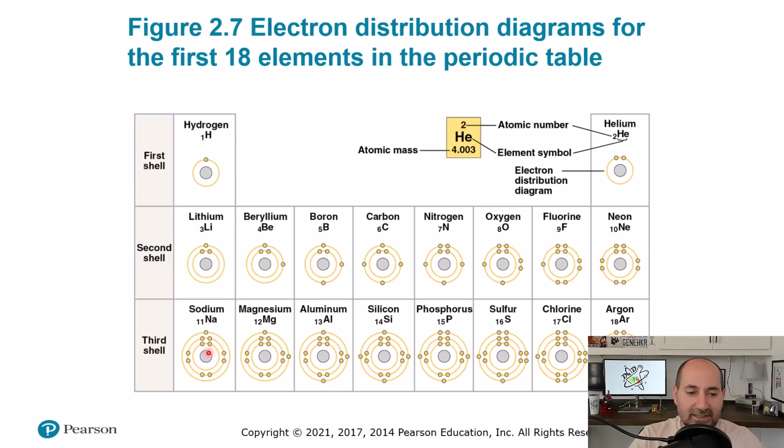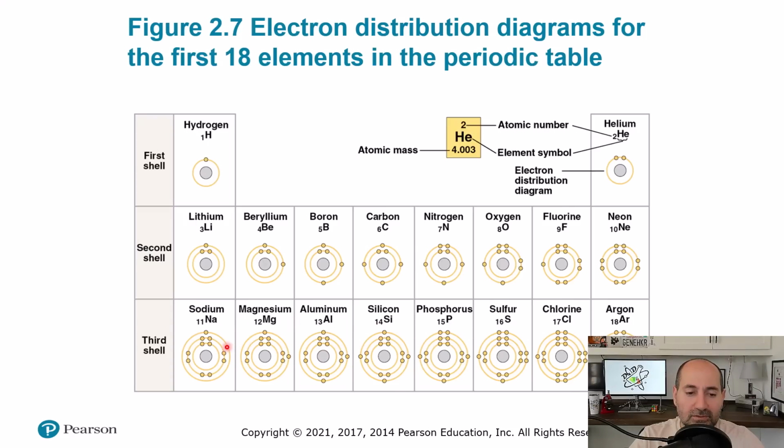So when we kick it out to sodium, which has 11 protons, its 11th electron needs to start a third shell. Okay, now we've got 1 electron in the third shell. And again, how many orbitals are in the third shell?